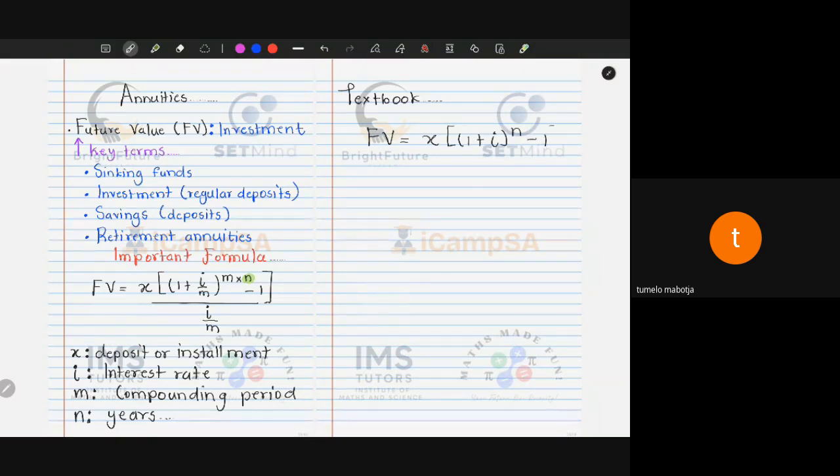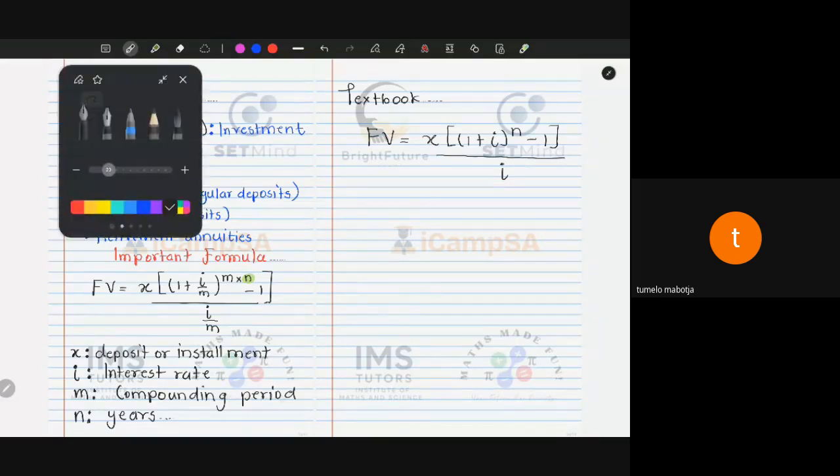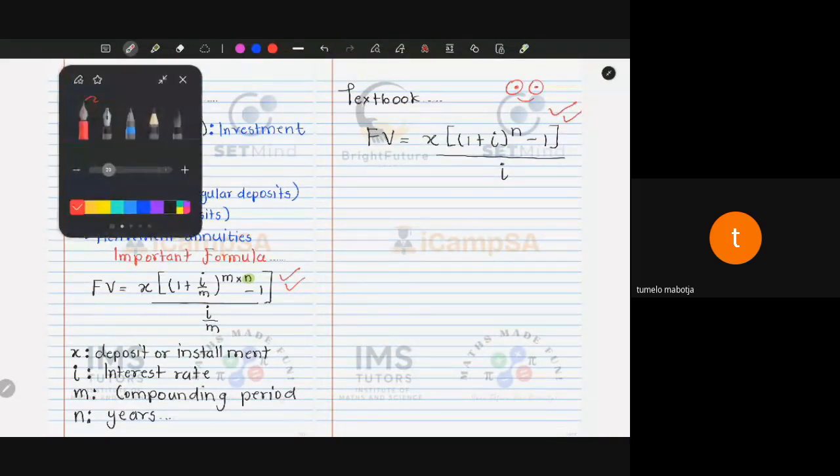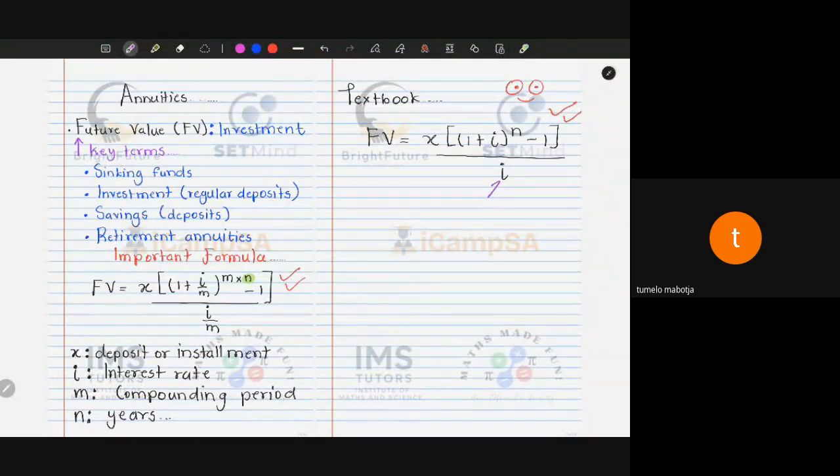So from your textbook, the formula looks like this, divided by I. And one thing I want to assure you is this is correct. And guess what? This is also correct. So you choose which one you want to use. As long as when you use this one, you don't forget that at the end of the day, wherever you see that I, you should go and put in I divided by M when you substitute.